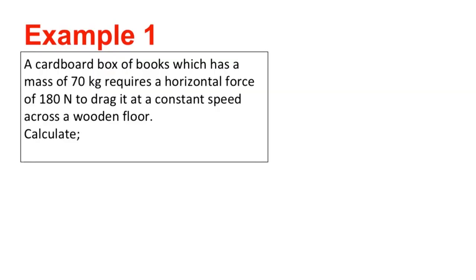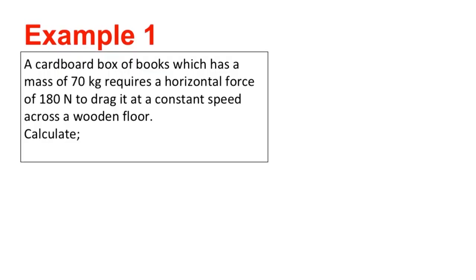Let us calculate now. Let us try to put friction into practice to find the exact values that you obtain in a certain scenario. We have an example. A cardboard box of books which has a mass of 70 kg requires a horizontal force of 180 Newton to drag it at a constant speed across a wooden floor.